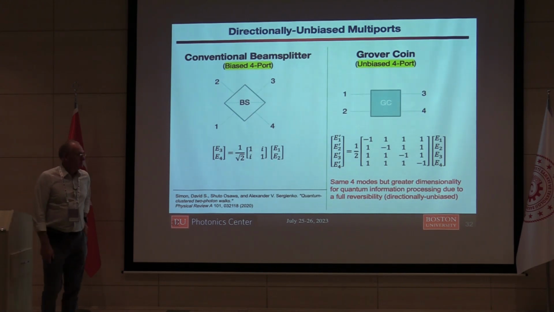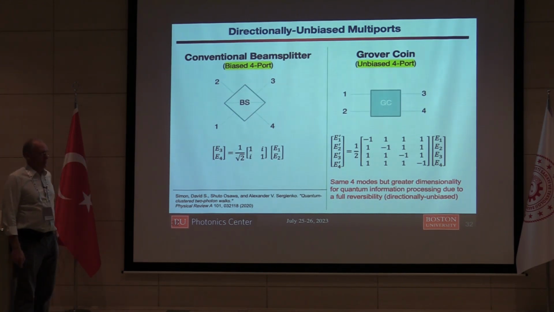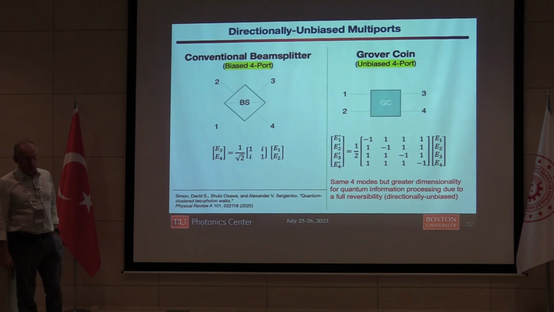The main point, and that's what we kind of got as a question at some point ago. If our conventional beam splitter is a 4-port device but biased, giving you a 2 by 2 matrix connection between fields, can we design something with the same 4 modes but that will give us a 4 by 4 scattering matrix?